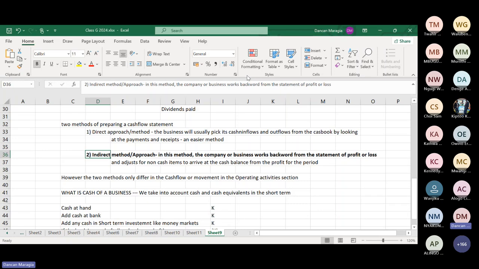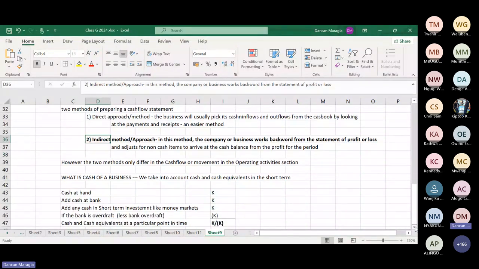That you have not involved yourselves in monkey business around the preparation of your financial statements. Although it's still not a guarantee, whenever you do monkey business, it becomes difficult to link your statement of cash flows back to your statement of profit or loss.